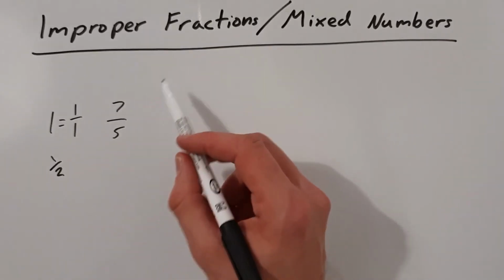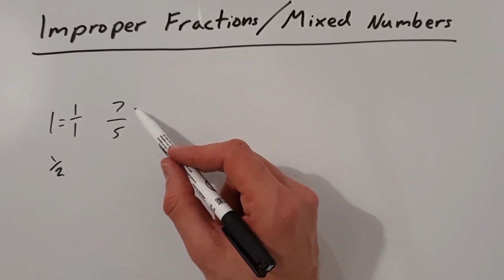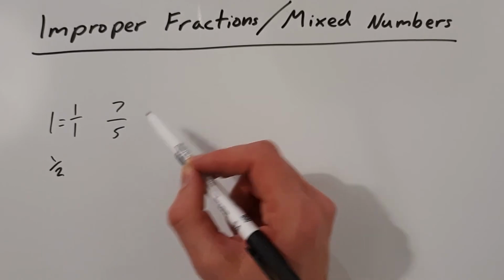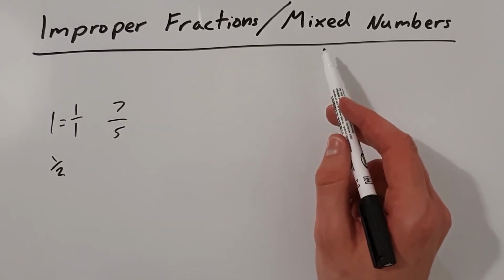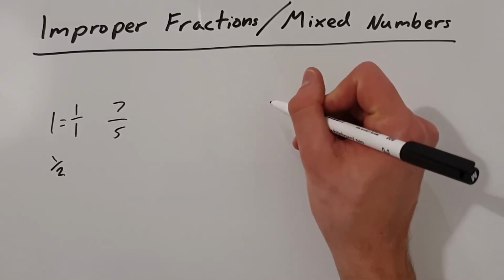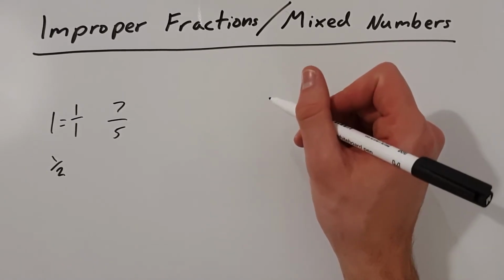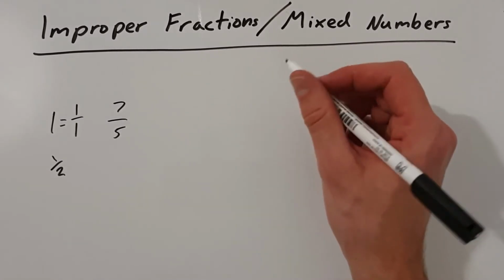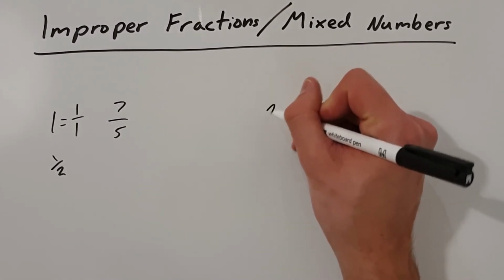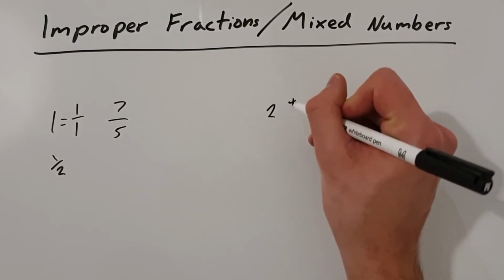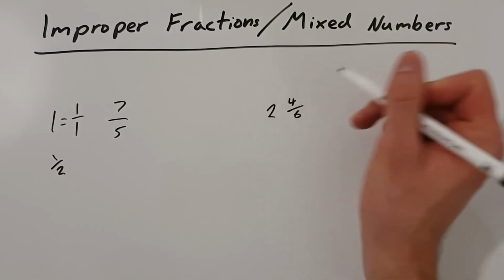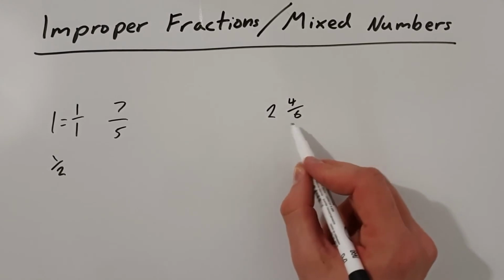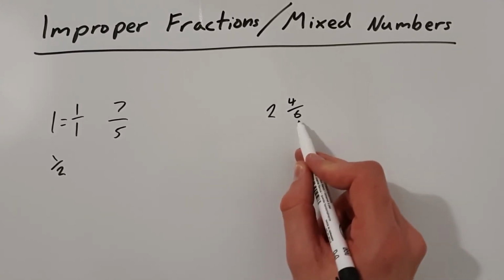Okay, so an improper fraction is where the numerator is larger than the denominator. A mixed number is essentially a mixture of an integer and a fraction. An example of this would be 2 and 4/6. This is an example of a mixed number, a whole number and a fraction.